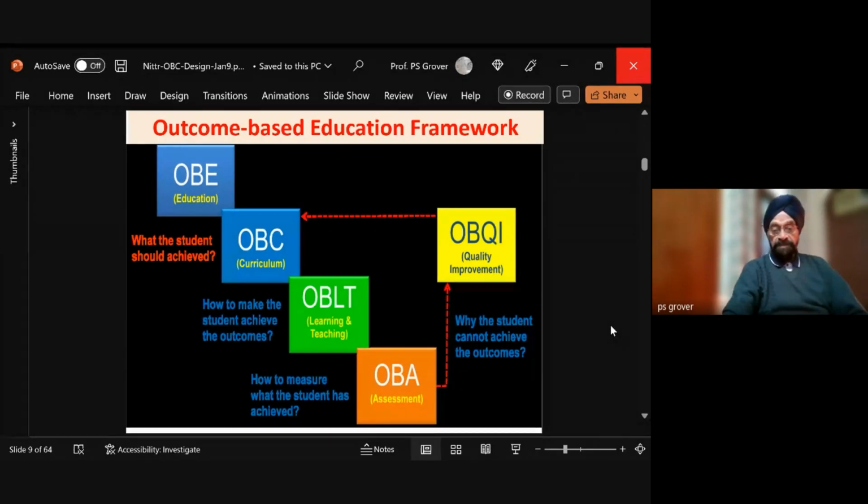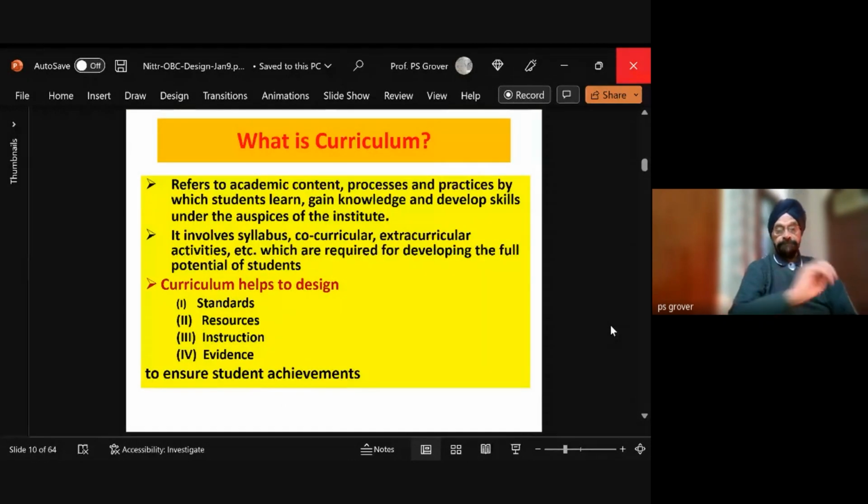Now, when I design my curriculum, these aspects need to be part of it. Now, what is the curriculum? Curriculum is not merely syllabus. Curriculum refers to the academic content, processes and practices by which students learn, gain knowledge, and develop skills under the auspices of the institute.